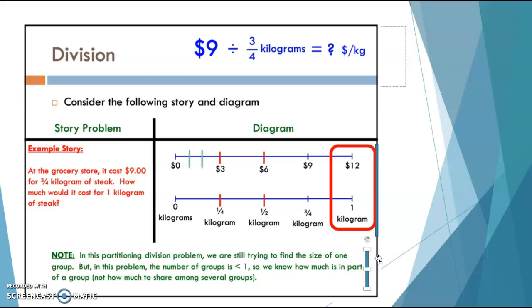In this partitioning division problem, we are still trying to find the size of one group. But in this problem, the number of groups is less than 1. So we know how much is a part of a group, not how much to share among several groups.